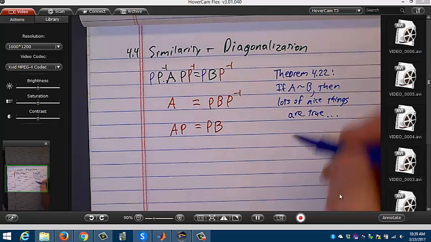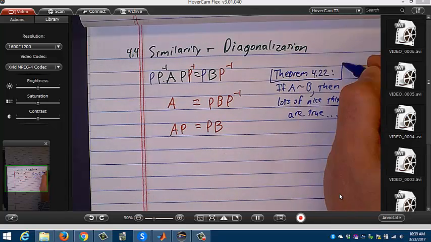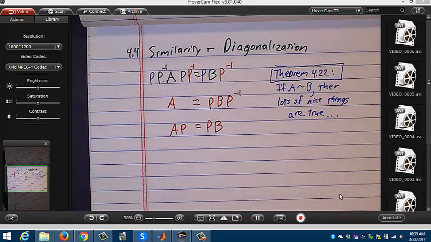Like what? B is similar to A. That's one thing. It turns out that they have the same rank, characteristic polynomial, and determinant, and if they have the same characteristic polynomial, they have the same eigenvalues.